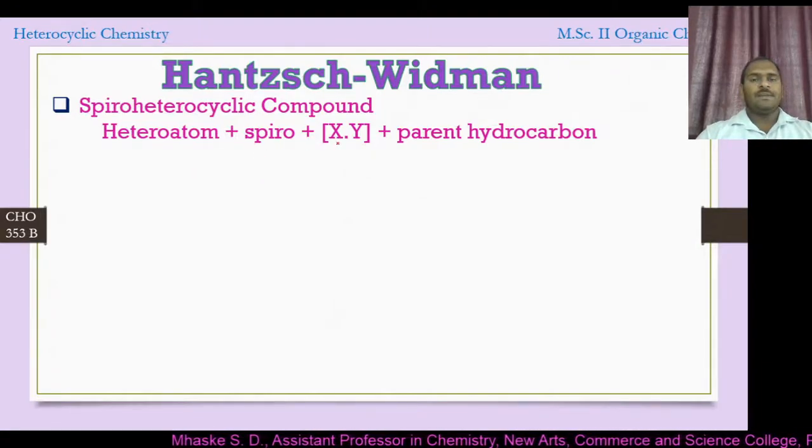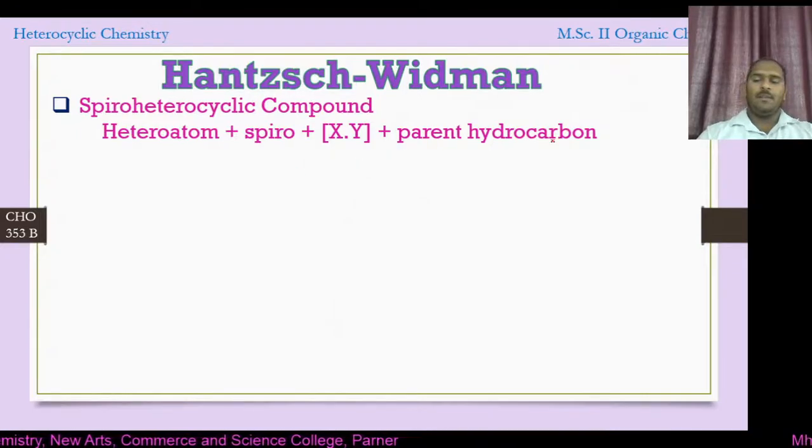We have to remember this while naming the compound. So first we write the position and the heteroatom prefix, then the word spiro, then the number of atoms of each ring, x.y, plus the parent hydrocarbon name. That will be the name of the compound.